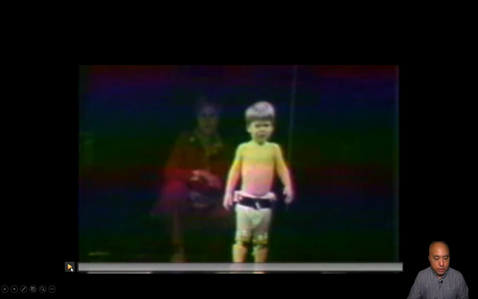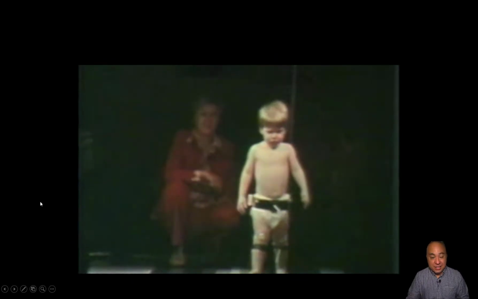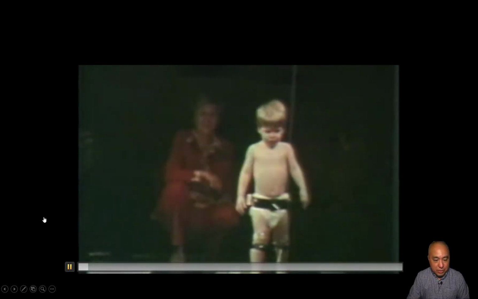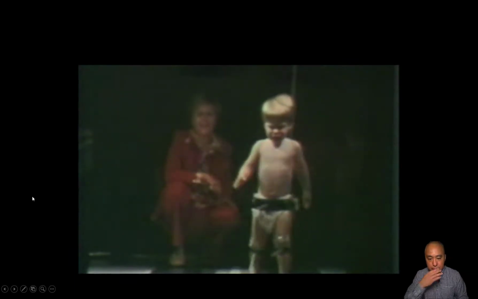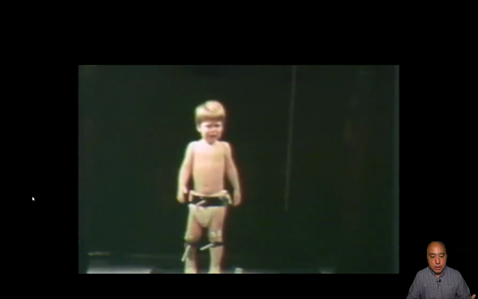So this is a child in the second year of walking. He doesn't look very happy, but like I said, these children are now adults. Now take a look. What are some of the things you see right off the bat? You can see arm swing, good. Just look at the foot and ankle.